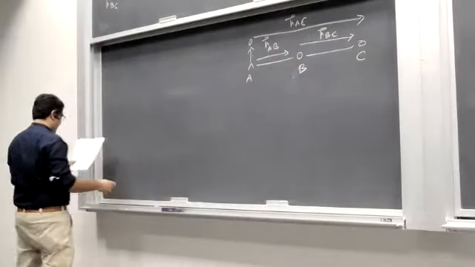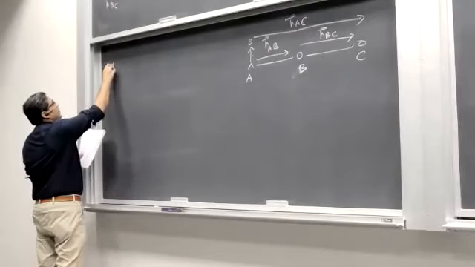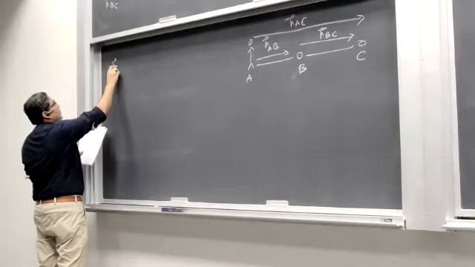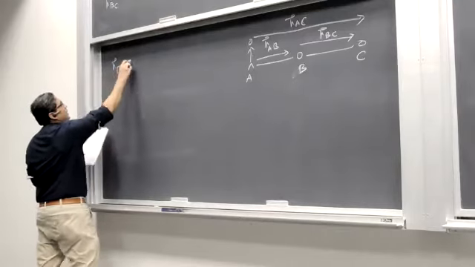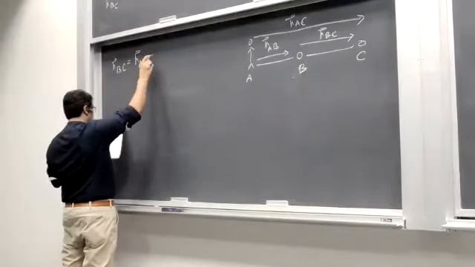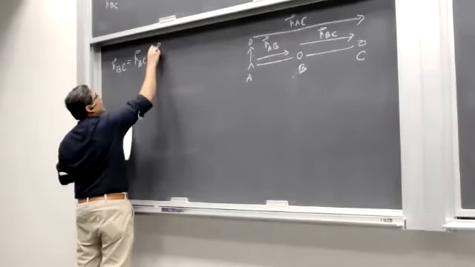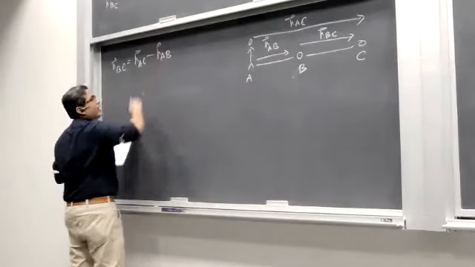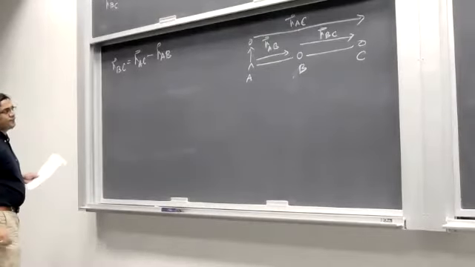And the vector equation that we had is RBC = RAC minus RAB, right?